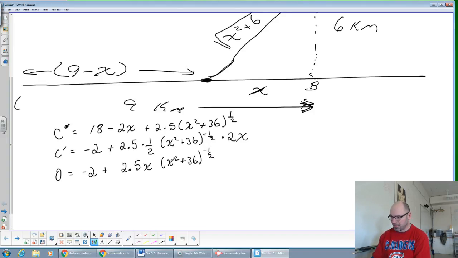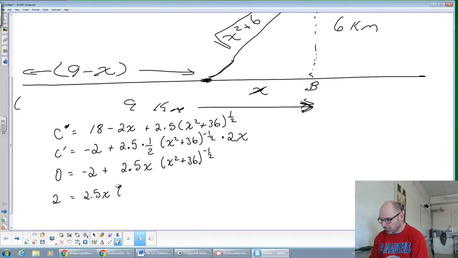So we're going to bring our negative 2 over. So this is 2 equals 2.5x, and then we're going to put this on the bottom so that we can do it in fraction form.